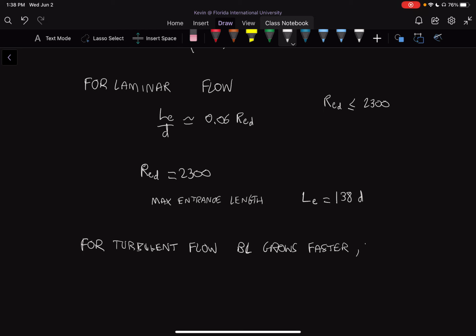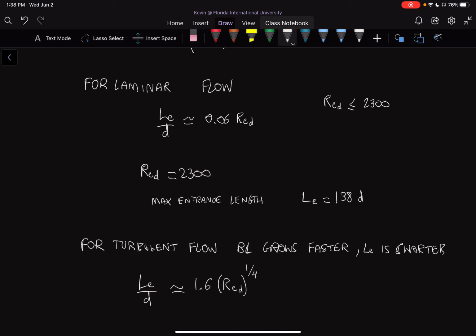So that means that L_E, the length of the entrance, is shorter. And this length of the entrance is now used with a new function above 2,300, which is approximately equal to 1.6 times Reynolds number to the power of 1/4.